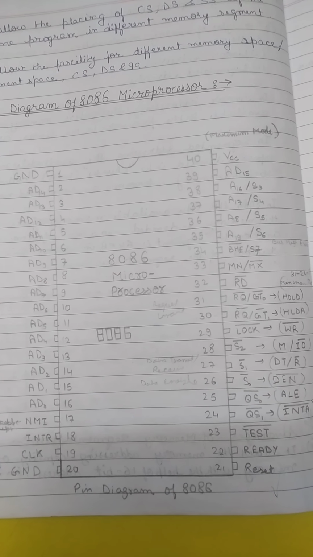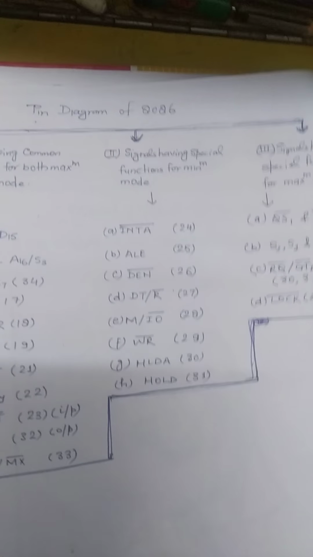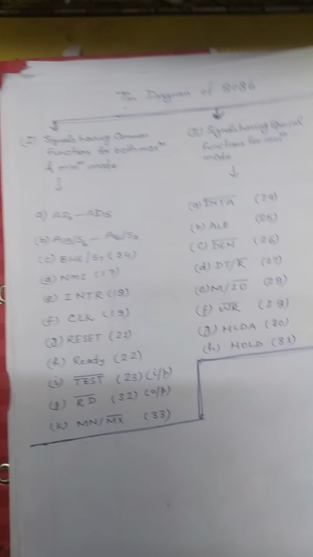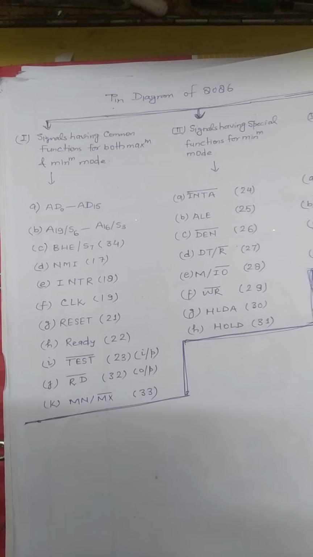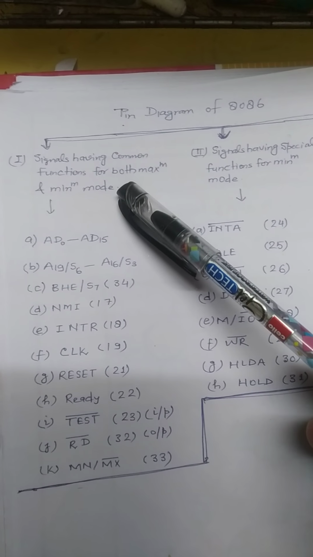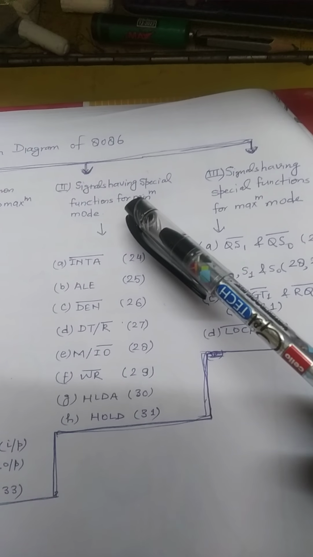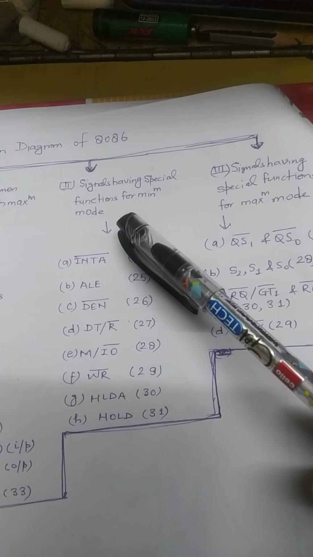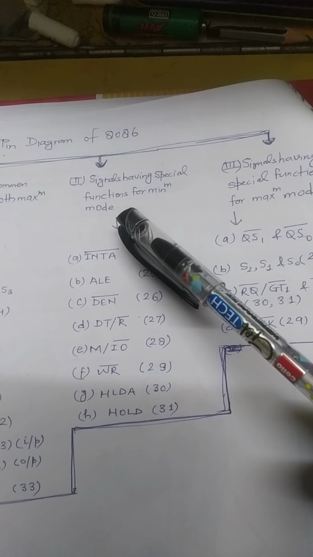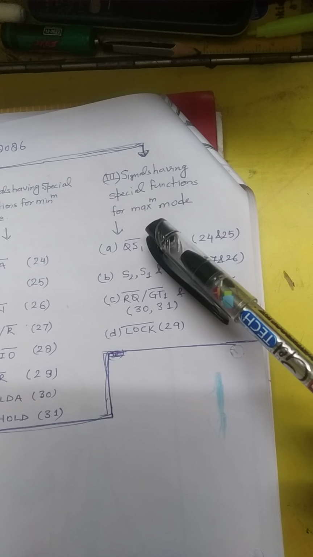So we will discuss each category one by one. First category is signals having common functions for both maximum and minimum mode. Second is signals having special functions for minimum mode, and third is signals having special functions for maximum mode.